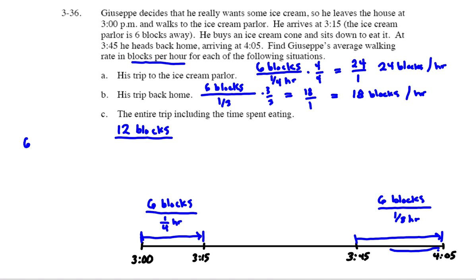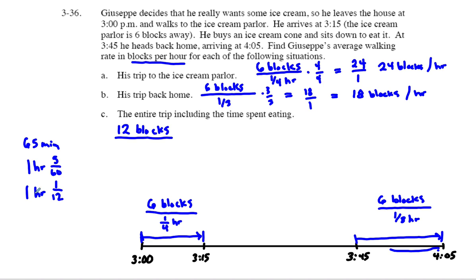Let's think about that, 65 minutes. That's like saying 1 hour and 5/60ths, right? 5/60 is the same as 1/12. So we're going to say 1 hour and 1/12.